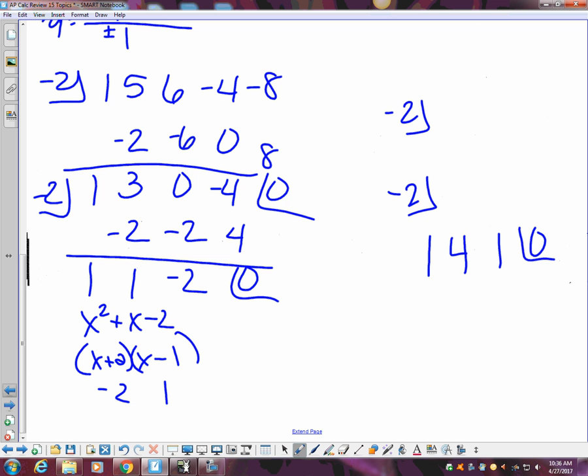Y'all with me? Okay. To put x's in here, what do you got? Is that a factor? No. And you would have no other things to plug in for synthetic either. But I still need the 2 answers that live in him. How do you get those?